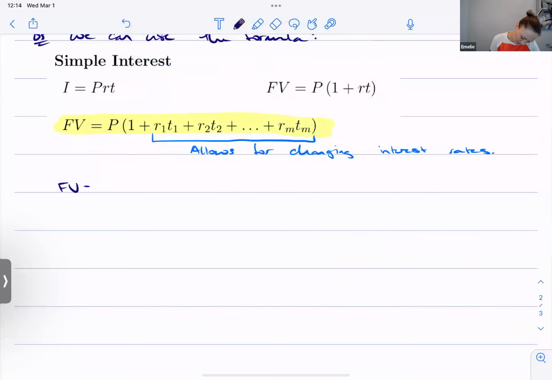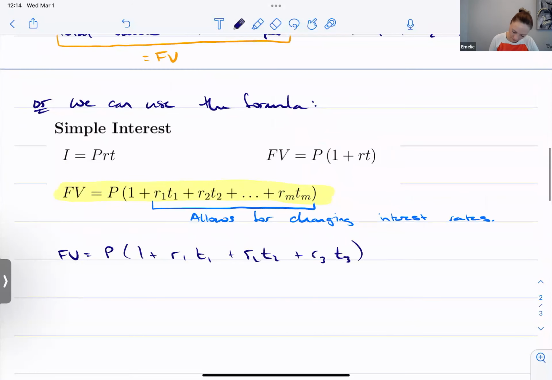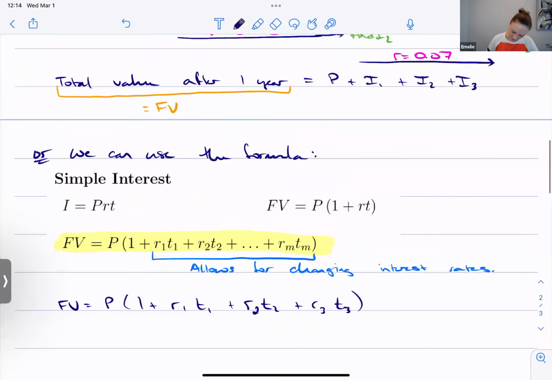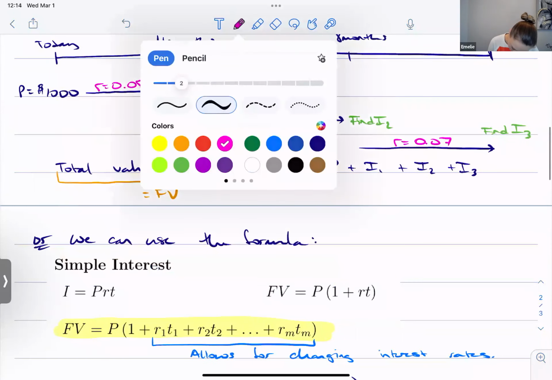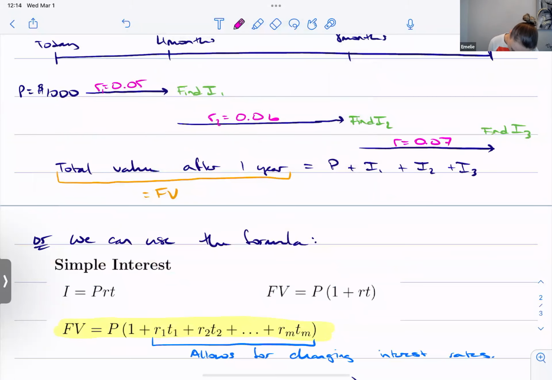So the future value is P times 1 plus R1 T1 plus R2 T2 plus R3 T3. Let's put little subscripts on here, R1, R2, and R3.